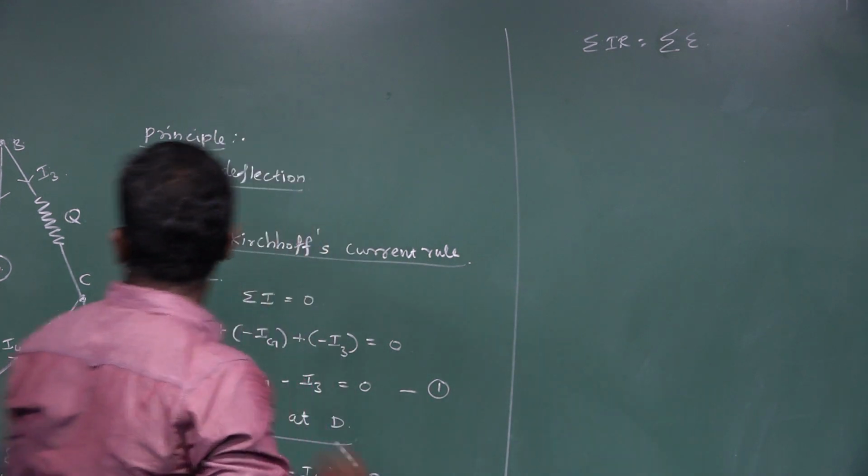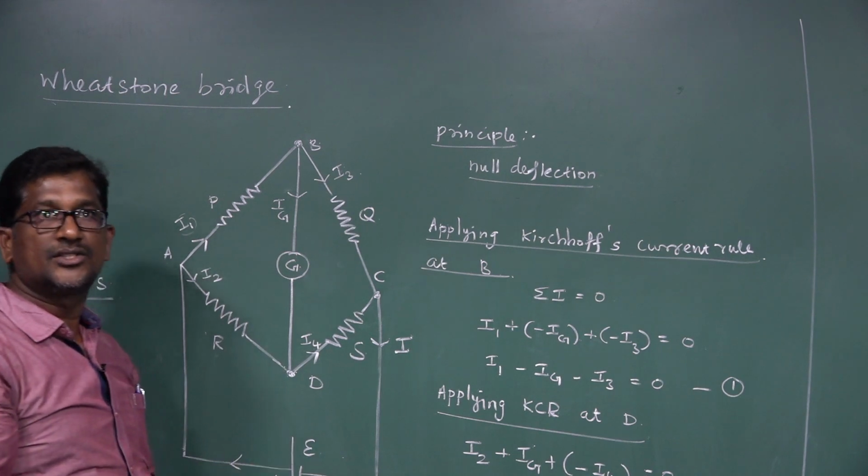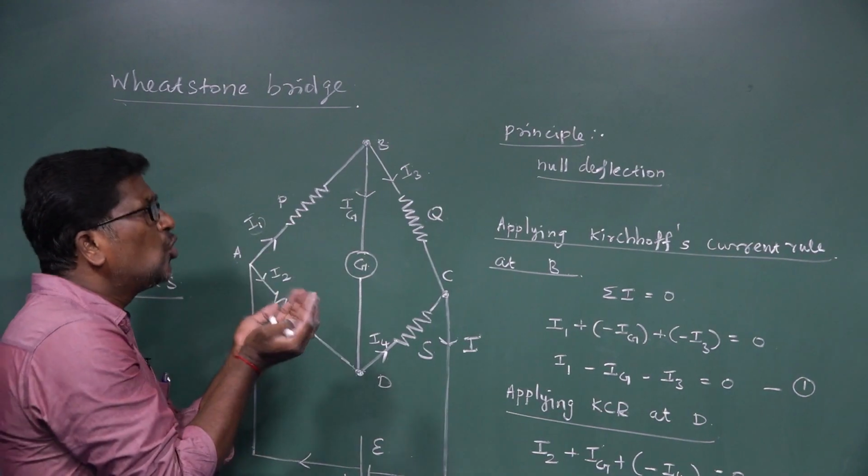So in this Wheatstone network, it is necessary to apply Kirchhoff's second law for two closed loops.